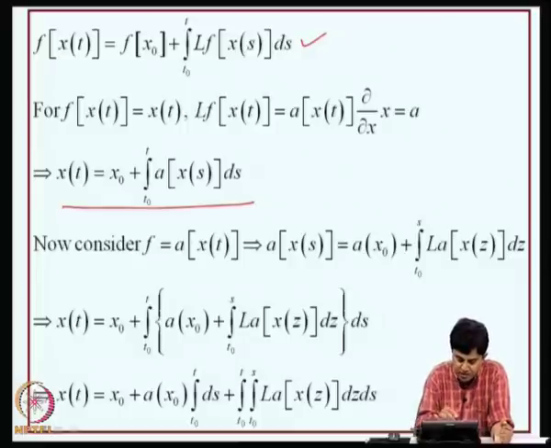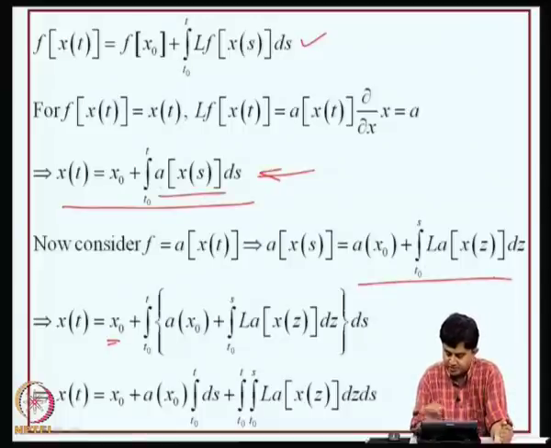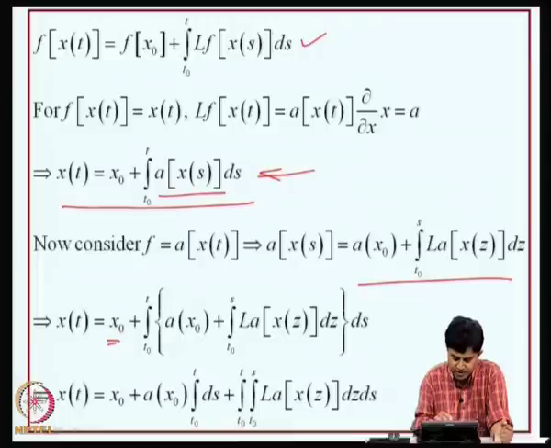Now, this I will substitute into this formula, and I will get x of t is x naught plus integral t naught to t, and for a of x of s here, I will write this expansion. So, I get a of x naught plus integral t naught to s of L a x of z dz ds. Now, I can rearrange these terms and write it as x of t is x naught plus a of x naught integral t naught to t ds plus this double integral.